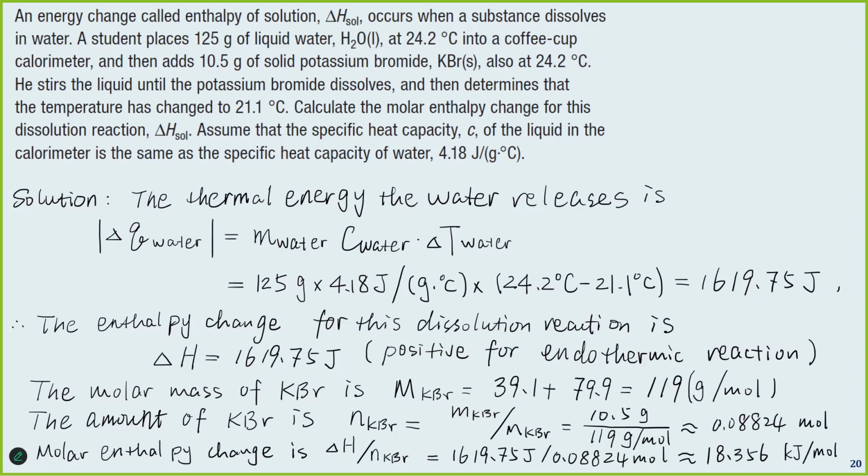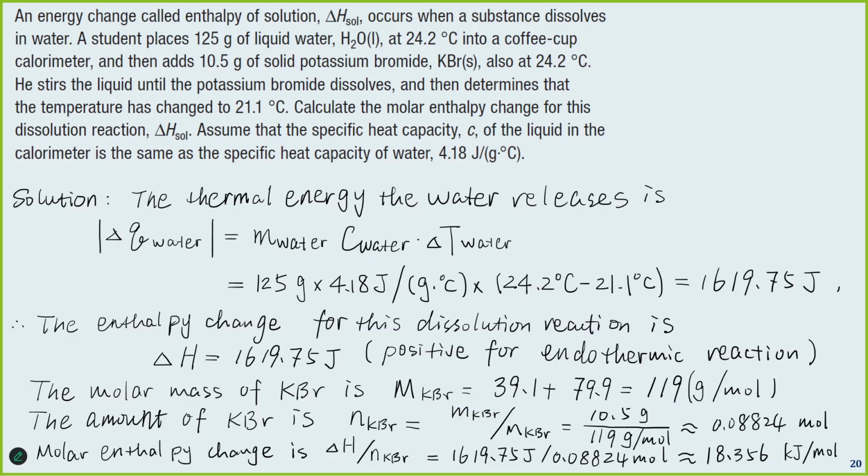We also know the molar mass of the substance, potassium bromide, is 39.1 plus 79.9, which gives us 119 grams per mole. So the amount of the substance, potassium bromide, is given by the mass over the molar mass of this substance, which is 0.08824 moles.